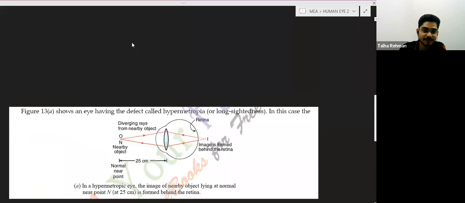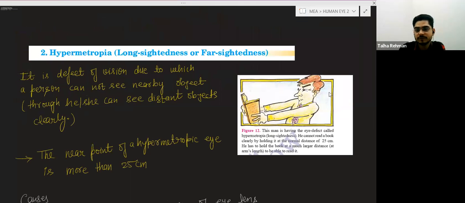Somehow, if our object is here, then this hypermetropic eye will be able to see the object clearly. Somehow we have to take the object to the near point. How will we do this? Okay, first note down, then I will tell you how we will do this.